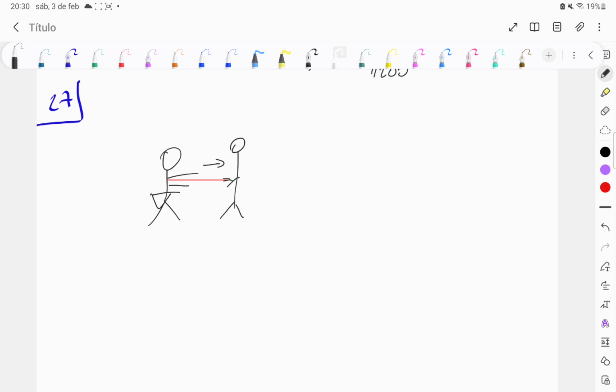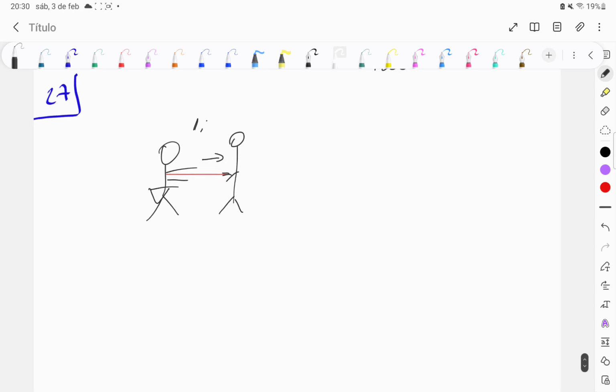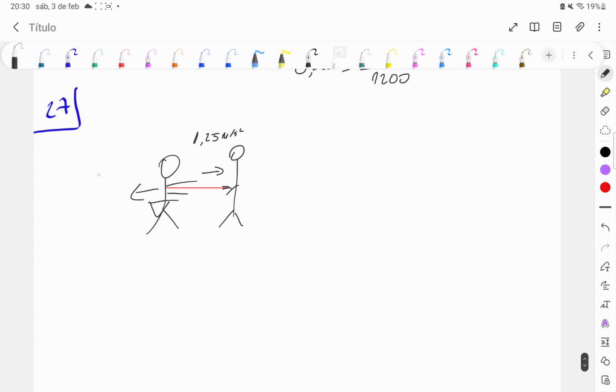And the rope is moving here with an acceleration of 1,25 meters per second squared. Yeah, you are pulling back with 16 newtons, but the rope is still moving there. So what it means is that my force is bigger than yours, of course. If the rope moves to me, then the force that I'm applying is more.